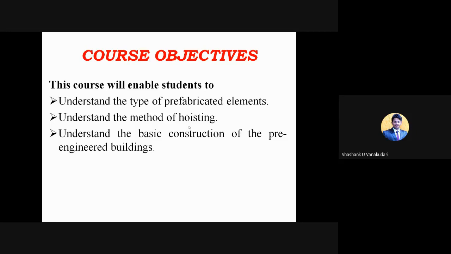Of course the structural elements are heavy in weight, so you require certain equipment or hoisting vehicles just to erect those structural elements from the transportation vehicle to the required location. So different methods are there for that hoisting. That is also helpful to study in this subject.